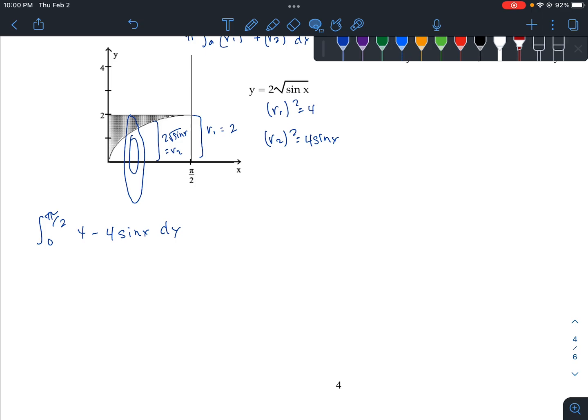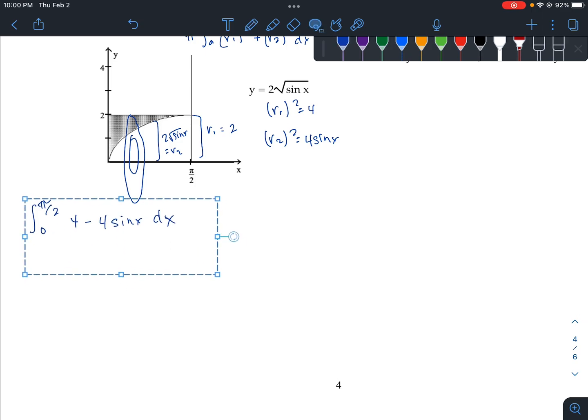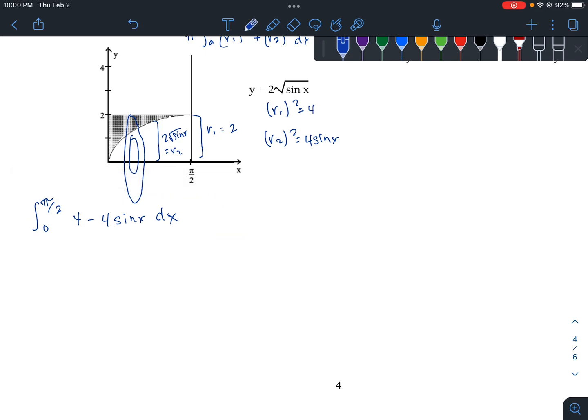So also, I'm going to factor out a 4. Hopefully that makes it easier. Probably not. But so this would be, don't forget my pi. I need my pi. So factor out the 4. So I have 4 pi integral from 0 to pi halves of 1 minus sine of x dx.